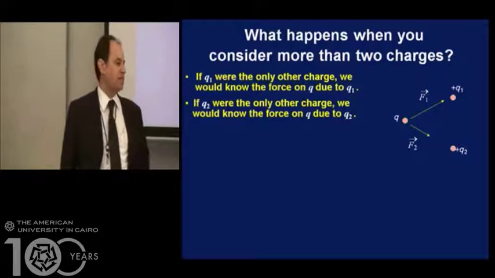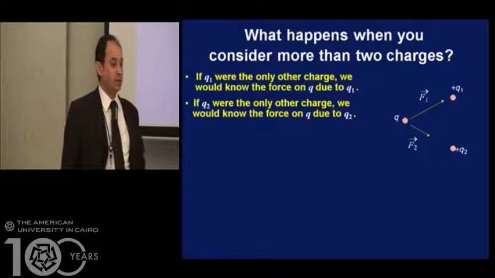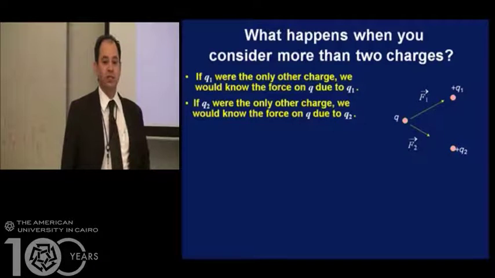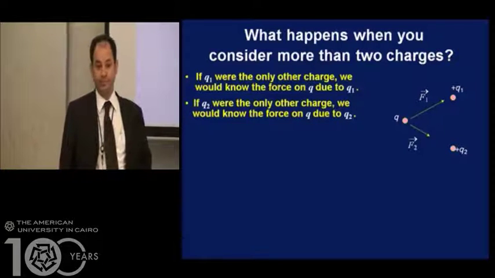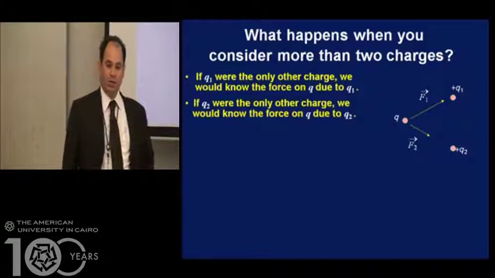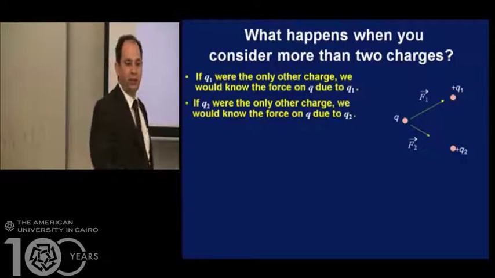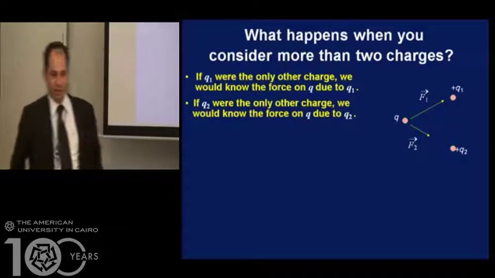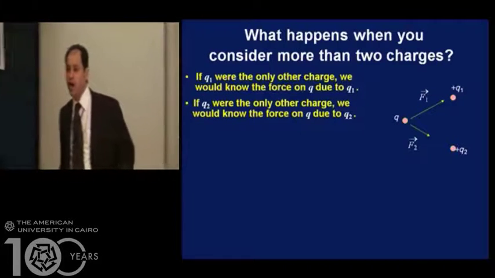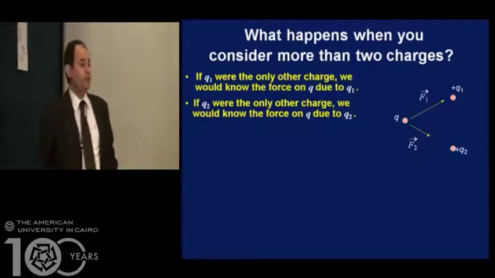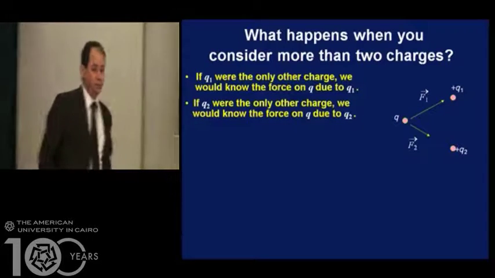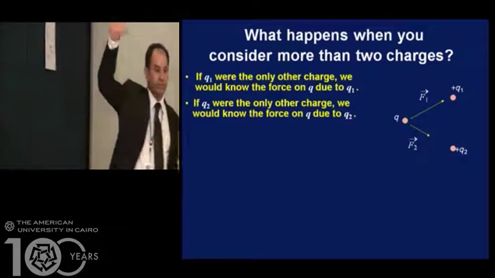It doesn't matter if it's the same amount of charge or not, but now we need to find the forces from you on Amr. I'm not talking about direction for now. I need to find the forces from all of you on Amr. What to do? Amr, raise your hand. So what to do?